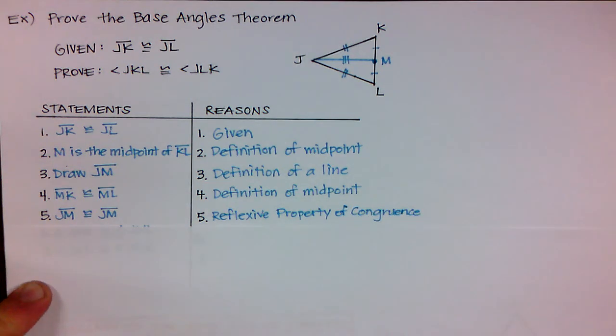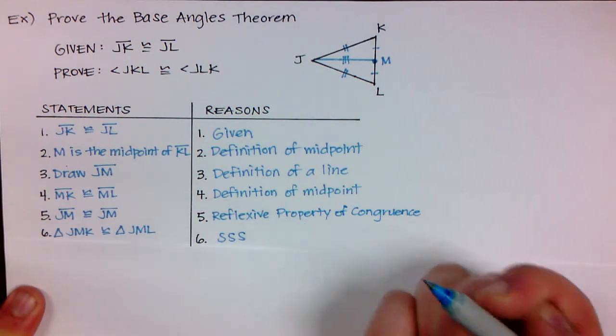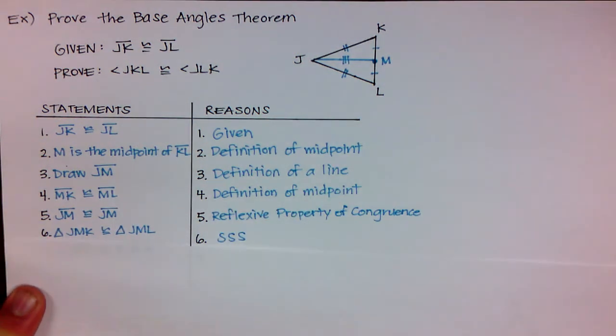So it looks like I have three sides of two different triangles that are congruent to one another. So I'm going to conclude that those two triangles themselves are congruent. This is by side, side, side. And what we learned before is that if two triangles themselves are congruent, then that means that all corresponding parts are congruent.